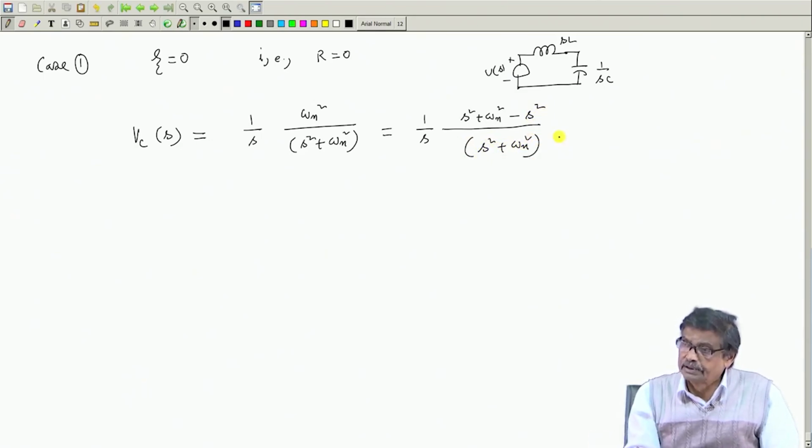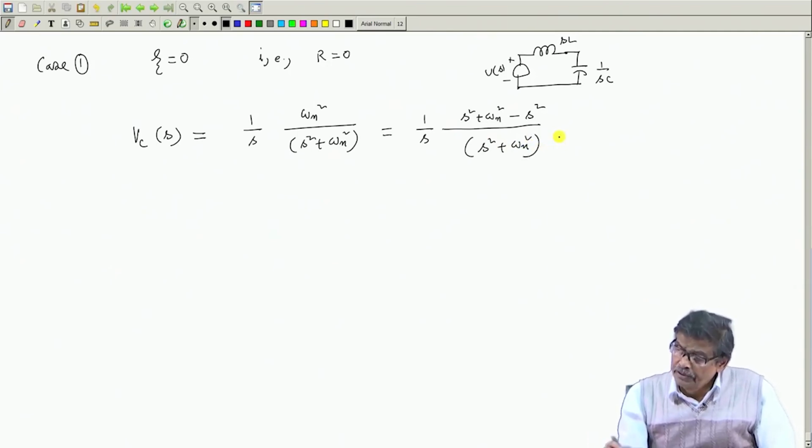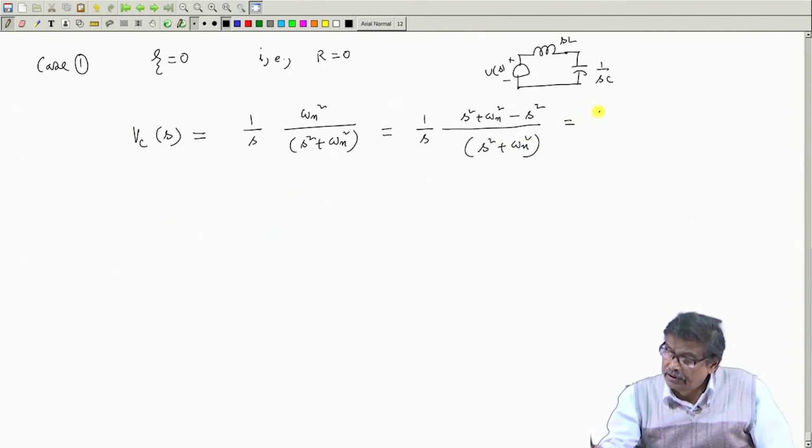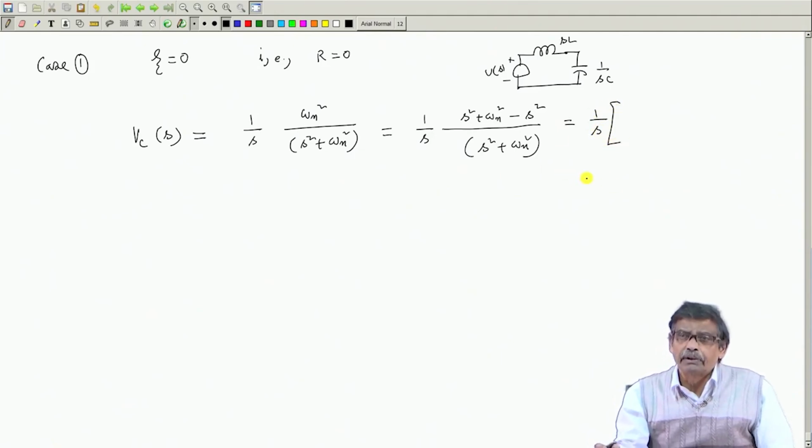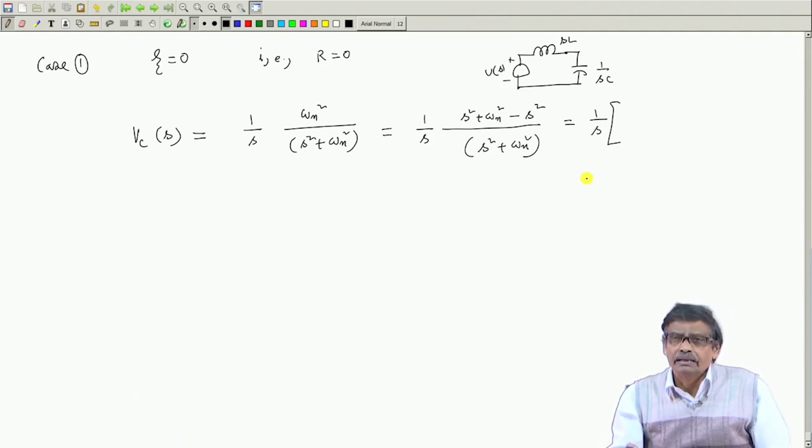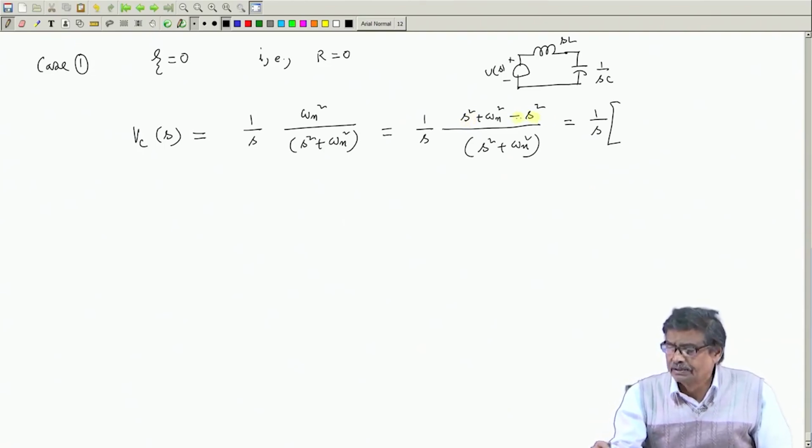This way I will write. I am essentially doing partial fractions. One can write A by S plus B by S square plus omega n square. But here it is not necessary, because it is so simple, you can calculate mentally.